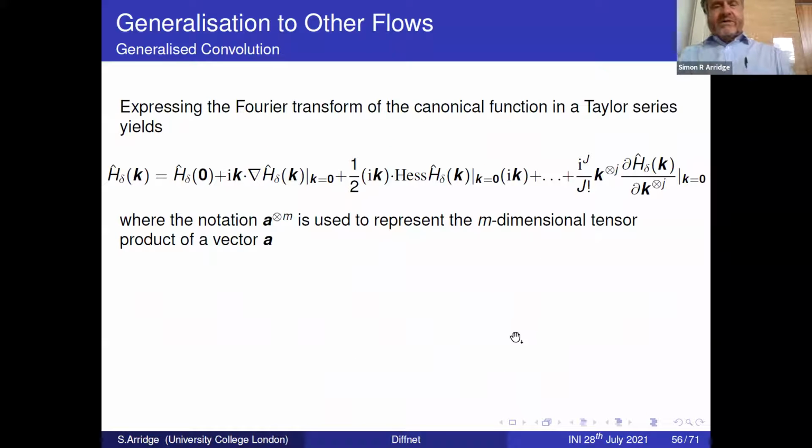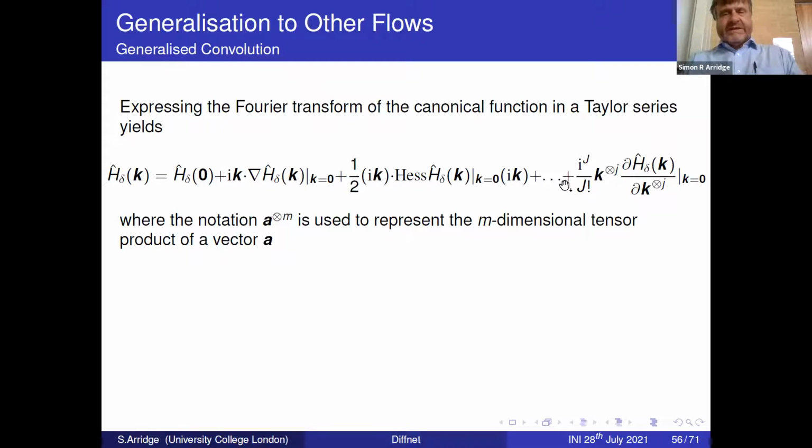Now, if we look at the Fourier transform, if we look at a Taylor series for the canonical function, we can write it in terms of derivatives of the Fourier domain in the normal way, multiplied with powers of the spatial wave number k.